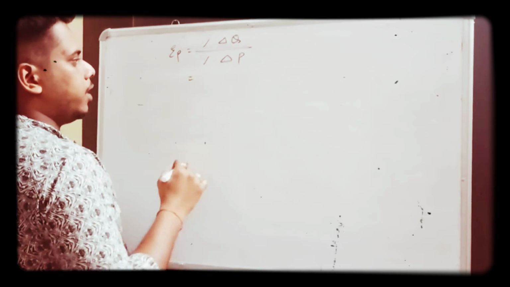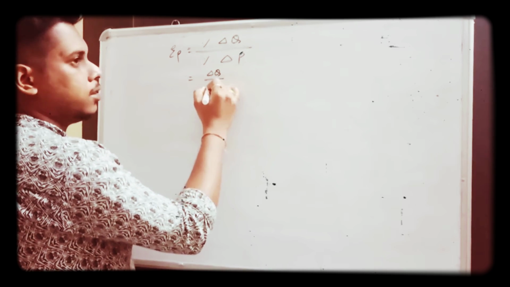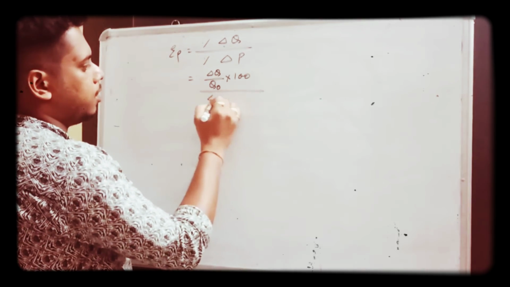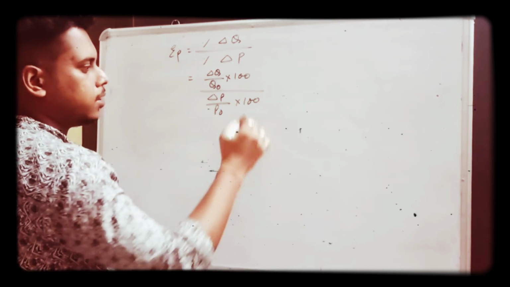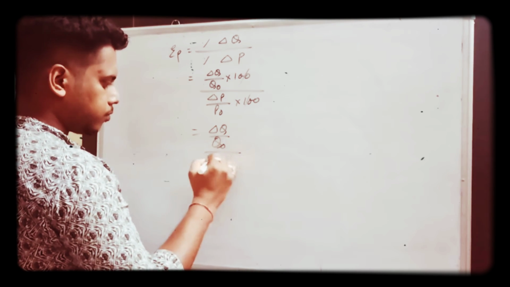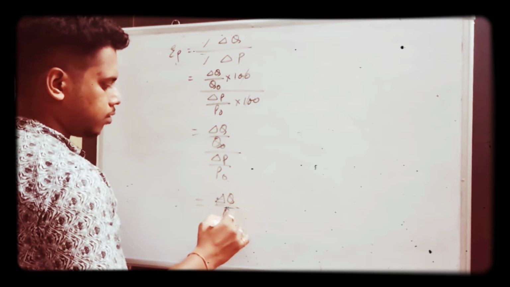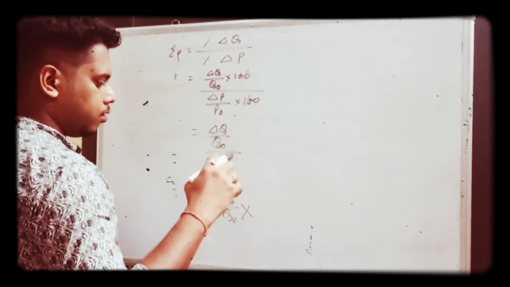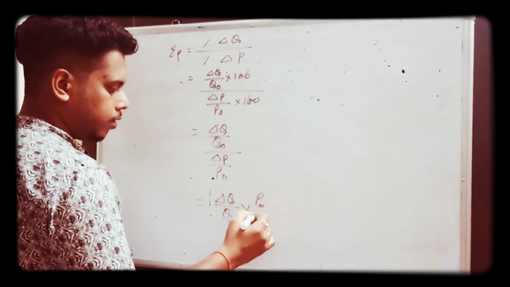And now we will derive the actual formula. So percentage change in quantity is del Q by Q naught, base quantity, into 100 as it is in the form of percentage, then del P by P naught into 100 again as it is in the form of percentage, 100 gone, we are left with del Q by Q naught and del P by P naught, and this can be written as del Q by Q naught into, as it is in the division form, if we apply multiplication to this, it will go as reciprocal.